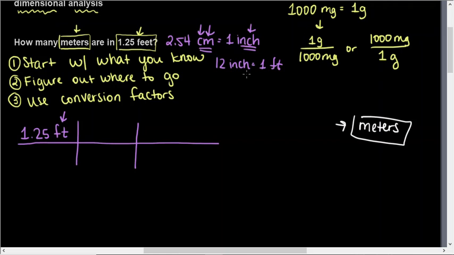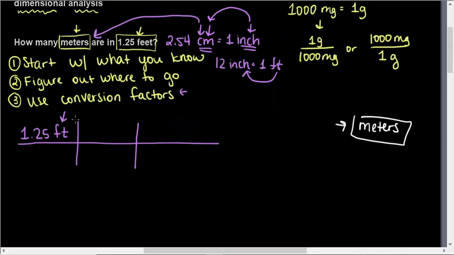That's something you can look up, or perhaps you already know. So I have a way to get from feet to inches, and then from inches to centimeters, and then from centimeters to meters. That's my plan of attack. Sometimes finding out which conversion factors to use will take a little bit of trial and error until you get more comfortable with the process.